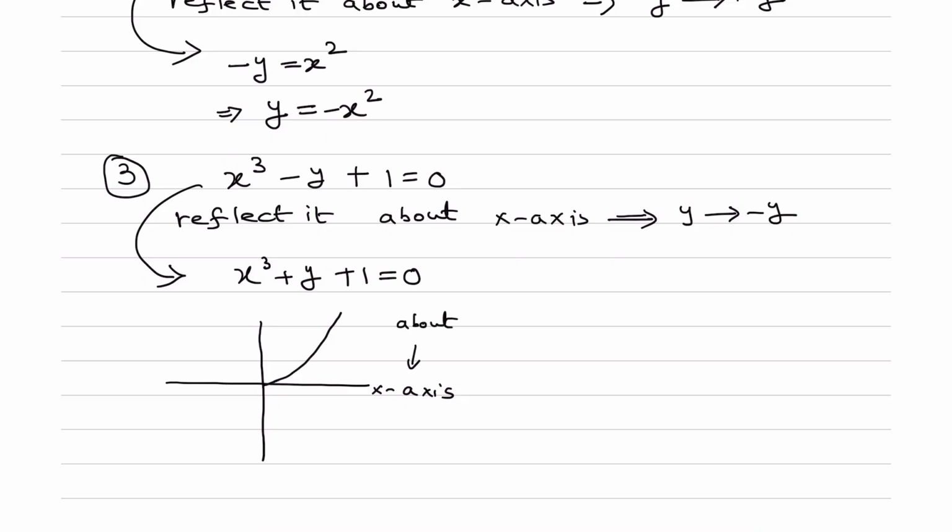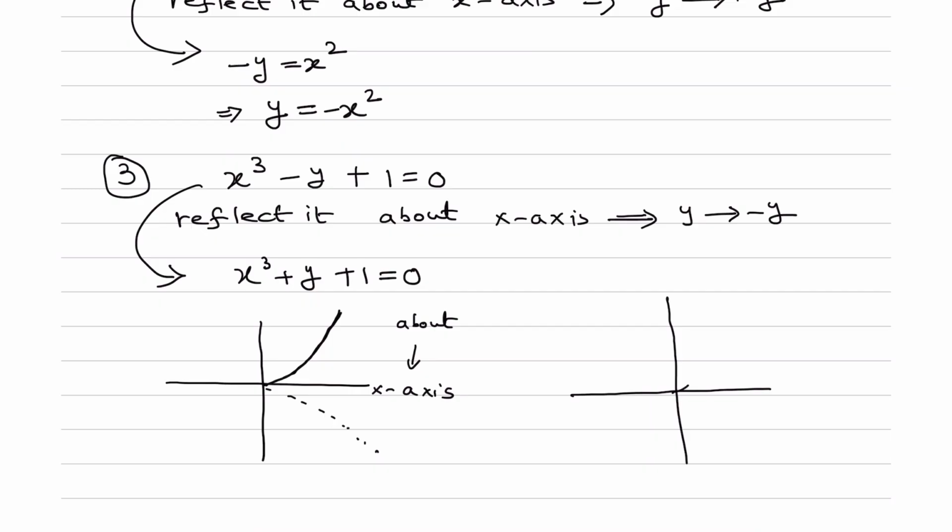So the reflection of this graph about the x-axis geometrically would be this. And let's have a look at one more graph. So here we are just reflecting the graphs geometrically. In the above you have seen us reflecting the graphs mathematically. If you have to reflect the graph about the x-axis, replace y with minus y, and if you have to reflect the graph about the y-axis, replace x with minus x.